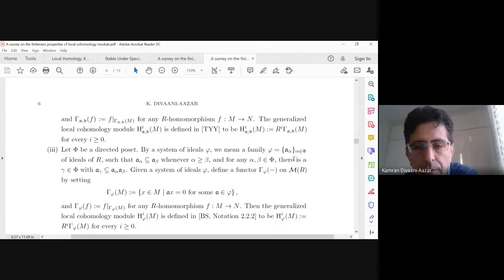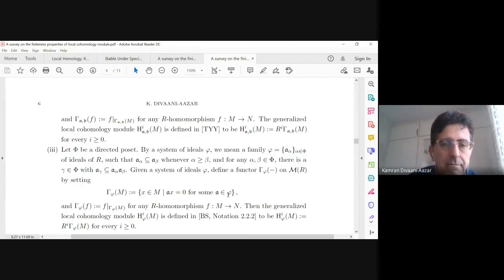If you take phi to be the symbolic powers of an ideal A or a prime ideal P, local cohomology with respect to phi is the same as local cohomology with respect to P, because these two directed posets are cofinal. One can check that if two systems of ideals are cofinal, then the local cohomology with respect to them are the same.